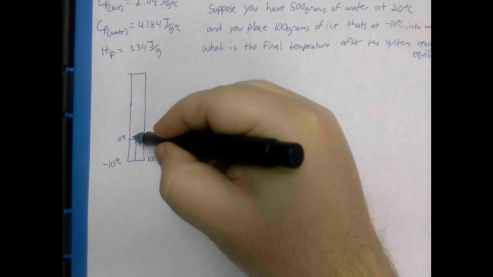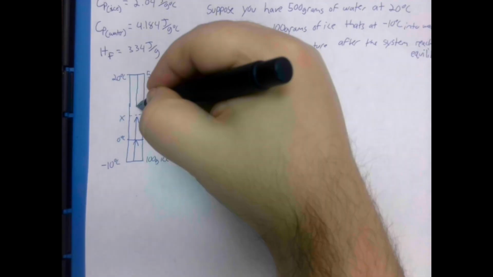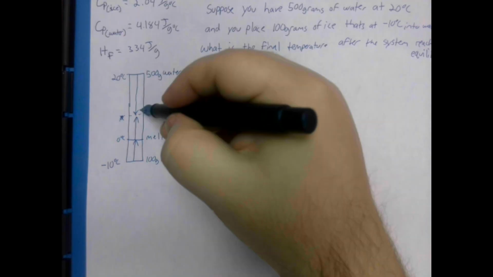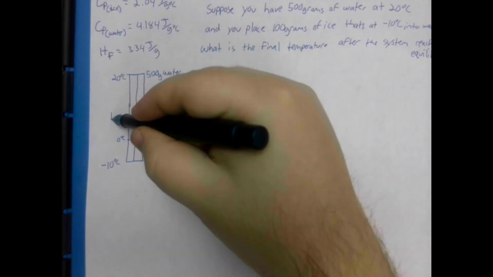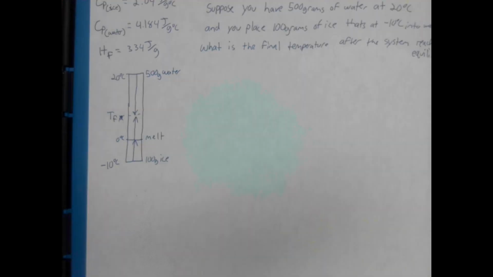Then we have 500 grams of water that starts out at 20 degrees Celsius and is going to cool off to some final temperature. Instead of calling it X, I'm going to call it TF for final temperature. The beauty of thermodynamics is we can treat these as separate entities.